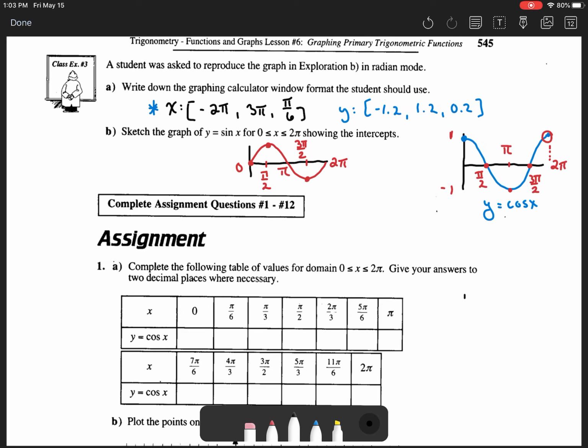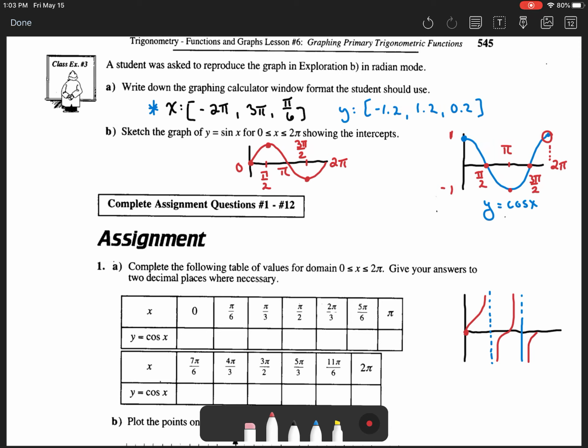Now tangent, okay, tangent is a very, very different looking graph, okay? So I'll do a little bit of an explanation here, and then I will let you go and work on the assignment. So this is what tangent looks like. Then there's a vertical asymptote here. And then the next arm of tangent does this, and then again, I have a vertical asymptote, okay? And then I have another arm, it goes like this.